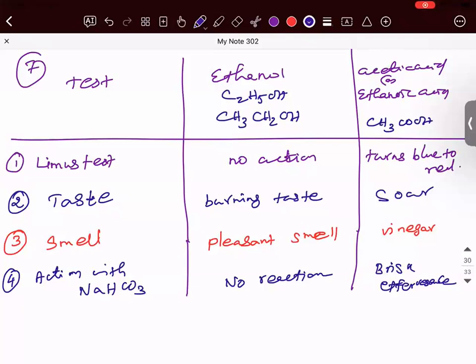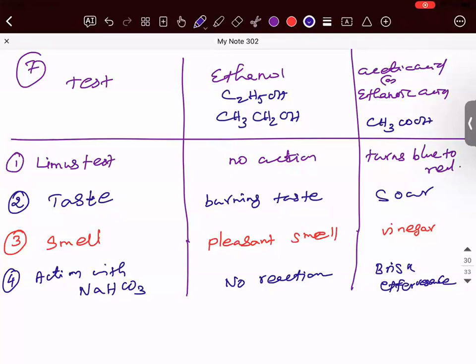Both are soluble in water. Acetic acid is corrosive. Alcohol is not that much corrosive. Yes, that we can say. But when you put the sodium metal, both will replace the hydrogen atom. Okay, these are the tests enough.